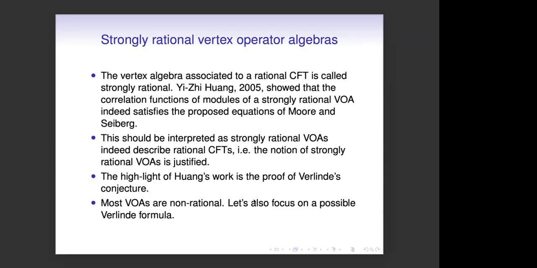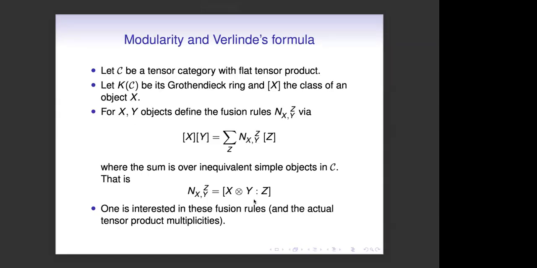So that means that's already really a lot. Now, Verlinde's formula itself is something that is a triviality in the categorical sense, and that makes it maybe so interesting. It is super sophisticated in the VOA sense, but not in the categorical sense.